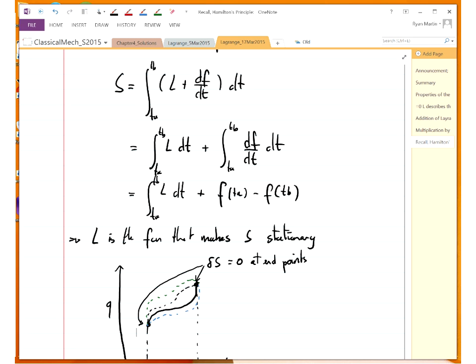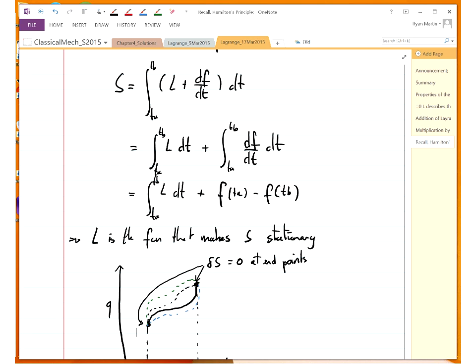Adding a constant to the Lagrangian, you saw, in the case that we did, is equivalent to changing the zero of the potential energy. Right? So I have that T minus V term. If I'm considering potential, let's say it's gravitational potential energy, if I change the origin of where I'm measuring gravitational potential energy, then I'm effectively adding a constant equal to mgh, if h is the change in the origin, to my Lagrangian.